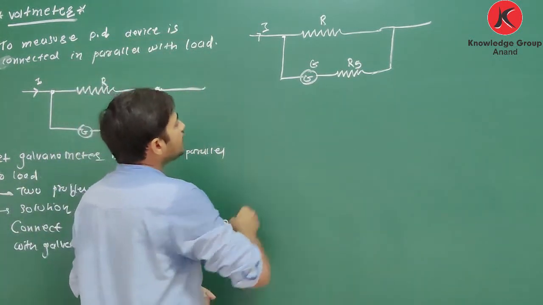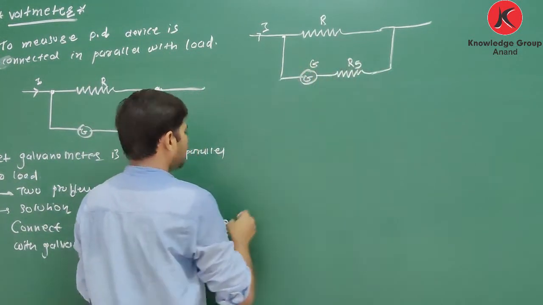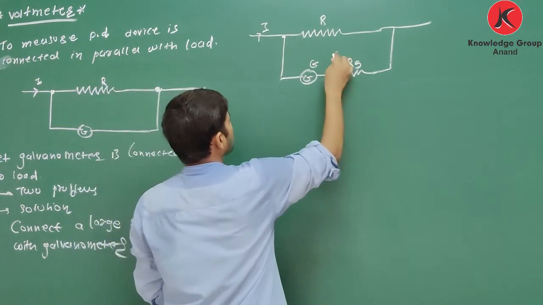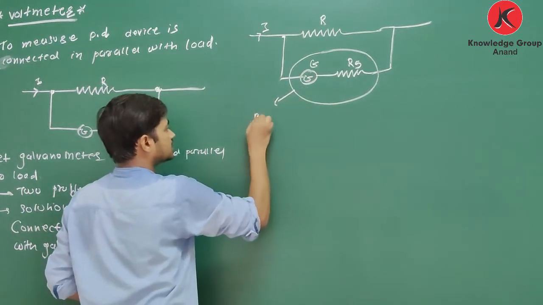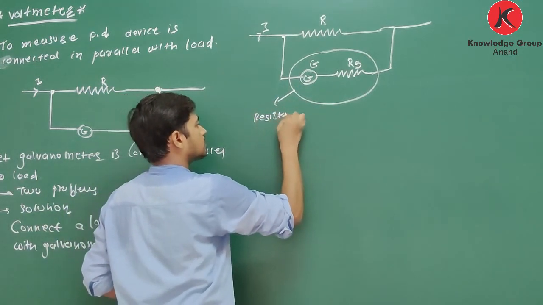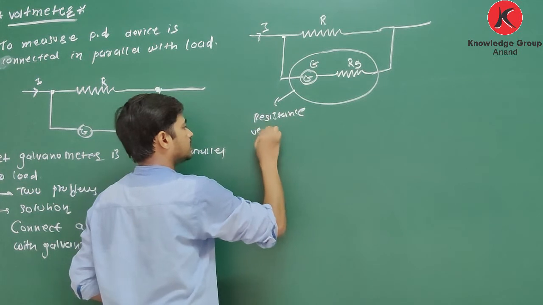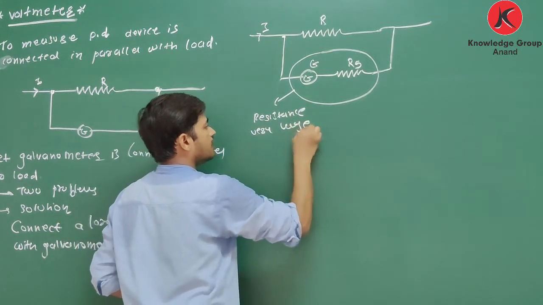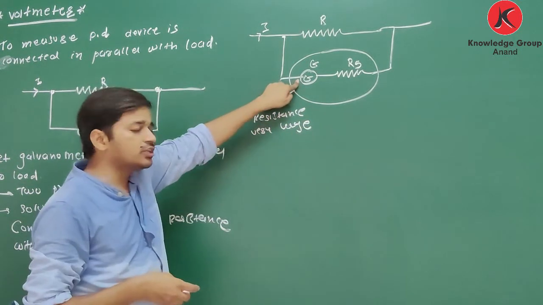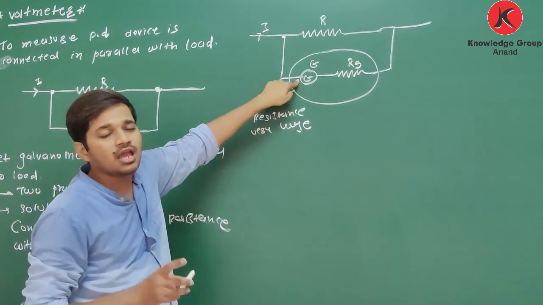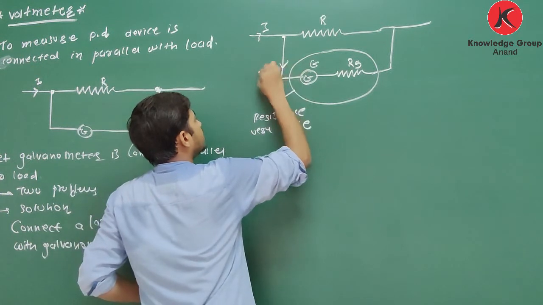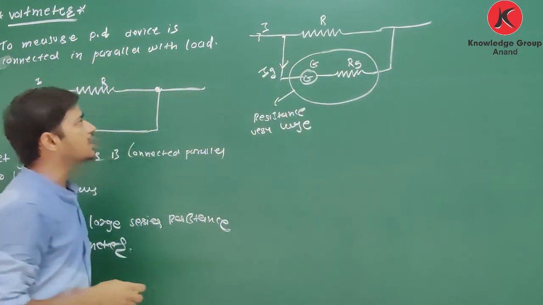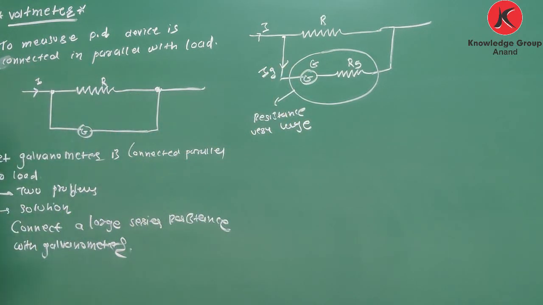So obviously, if the resistance of this circuit is very large, then obviously the current flowing through it will be very, very small. Only IG current will flow. Yes or no? Yes. Okay.